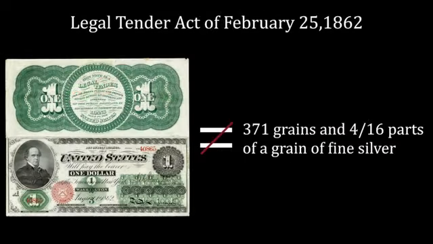The passage of this act allowed the United States government, for the first time since the adoption of the Constitution, to institute a paper money supply and also to designate as a dollar something that did not contain 371 and 4/16 grains of fine silver.